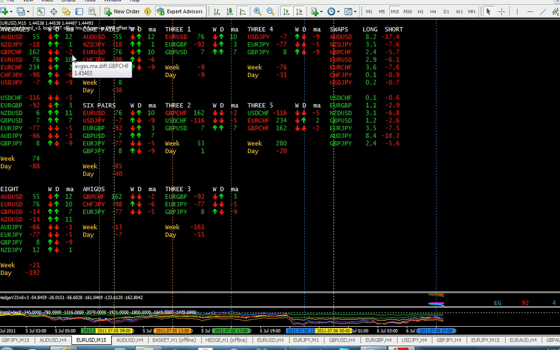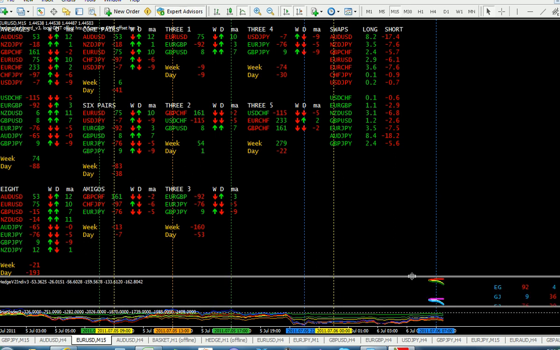All the time we're looking at these three figures, which are showing you the weekly, the daily, and now price. It's a pity we haven't got a monthly in, which would be the opening of the month. However, this is a very, very good system, and I congratulate the boys for offering it.